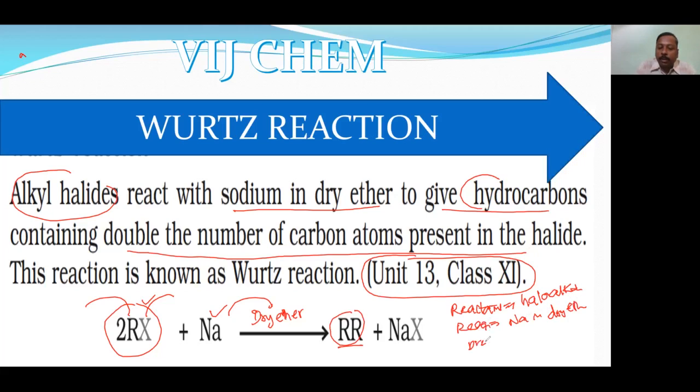Understood? Now the product is a hydrocarbon with twice the number of carbon atoms available in the respective haloalkane. Okay, so I think it is clear now what the reaction is. Let's start with the next one.